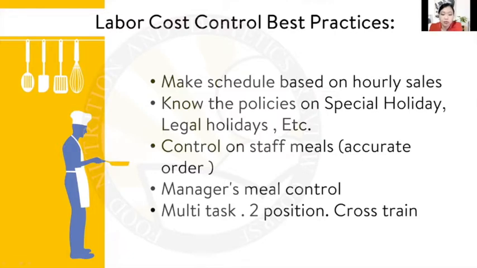And also we can multitask, or if possible, employees may handle two positions when they are cross-trained. Just like for example, kitchen positions like the dishwasher are also usually assigned as the stockman. So since dishwashing tasks would not be loaded throughout the day, he can handle the organization of the stocks.